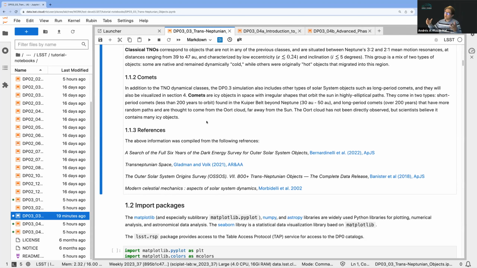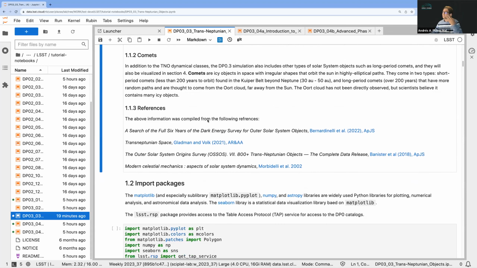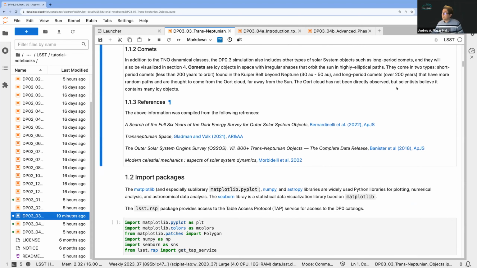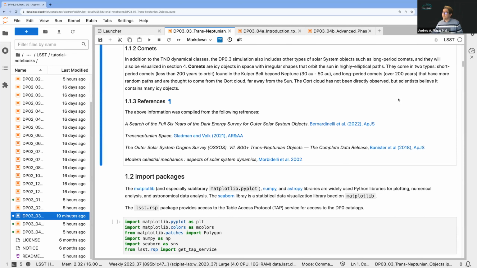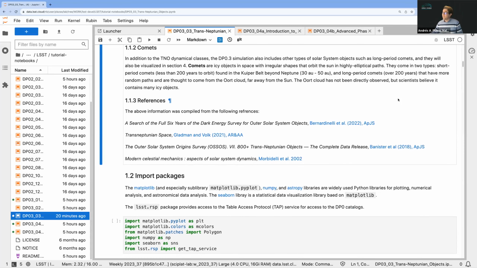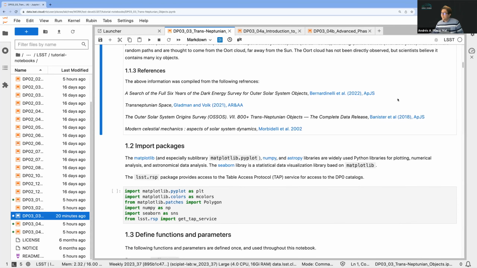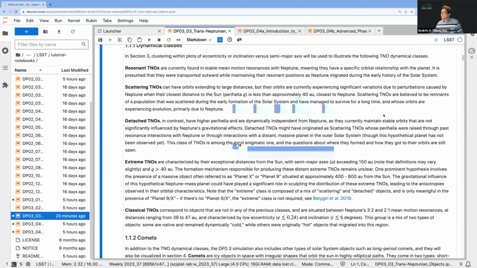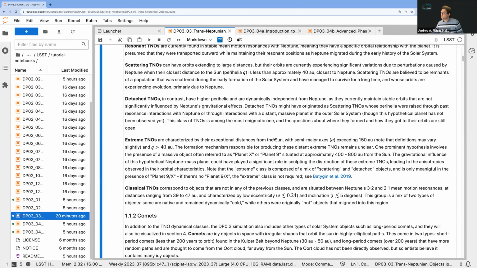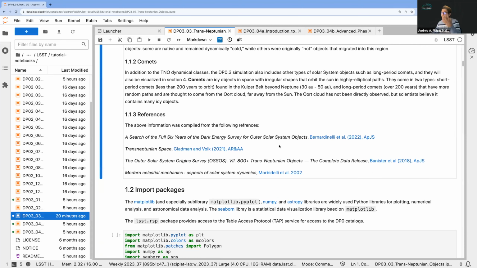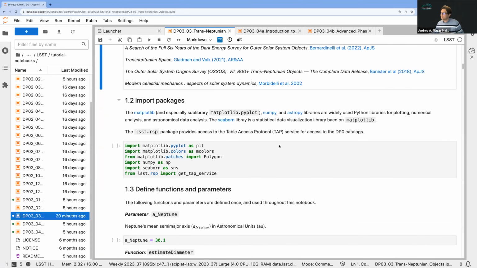You can have short period comets that have orbital periods of less than 200 years, or you find other long period objects that have even greater orbital times, and may come from what is hypothesized to be the Oort cloud. Okay, so that was a lengthy introduction, but I wanted to just mention the classes, because we're going to be looking at the different properties of these classes.